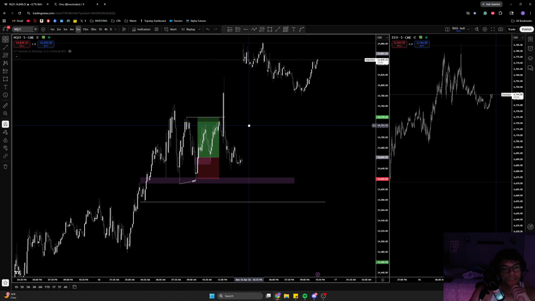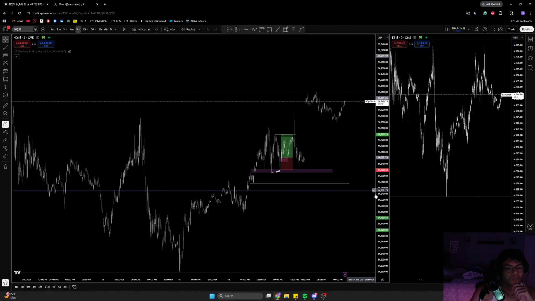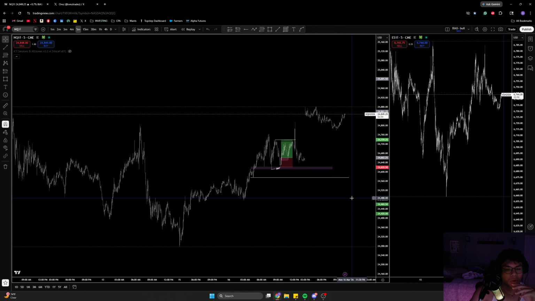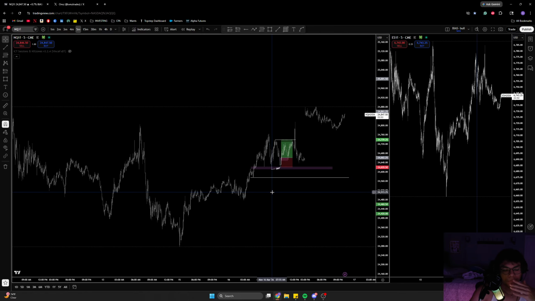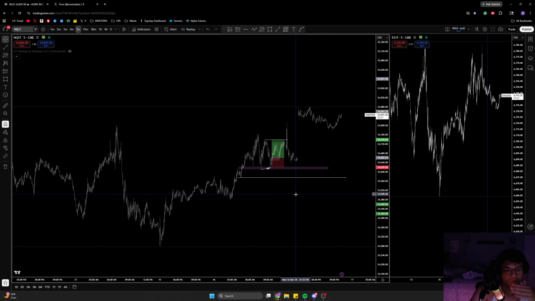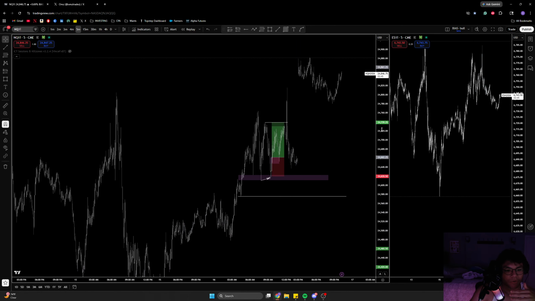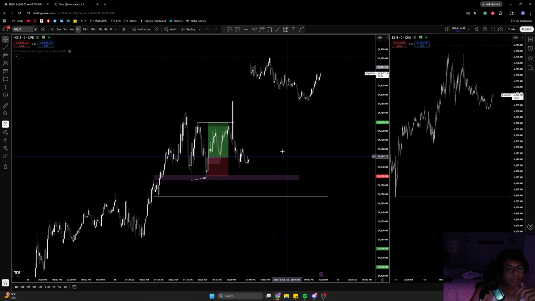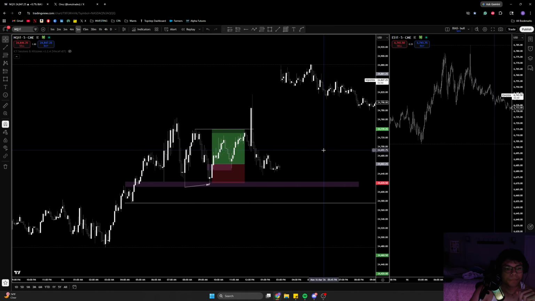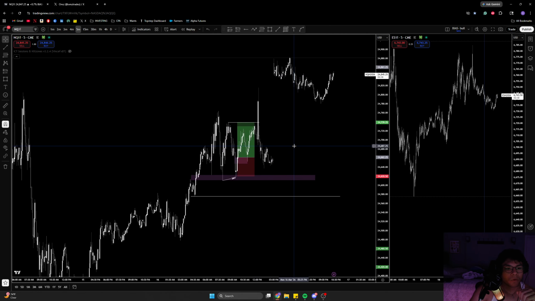A lot of times I've been talking about this as well: your system should be implemented in every trade that you take. What I mean by that is your trade should be very much identical to all the other trades you've taken, right? If one day you're doing quarterly theory, the next day you're doing ORB, the next day an inverse fair value gap, don't get me wrong, that's cool.